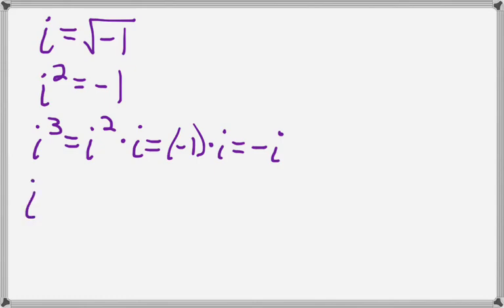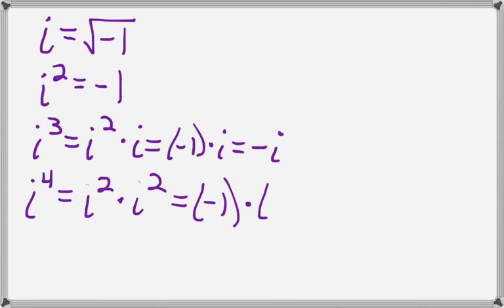Okay, how about i to the 4th? Well, i to the 4th is i squared times i squared, because 2 plus 2 is 4, and i squared is -1, so that means we have -1 times -1, which is +1.